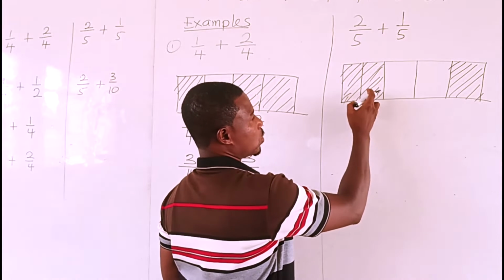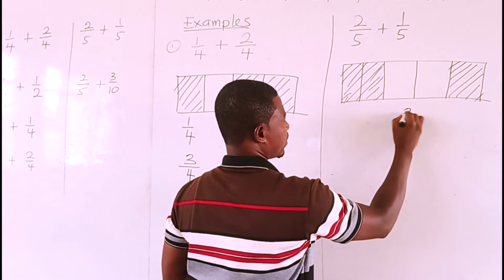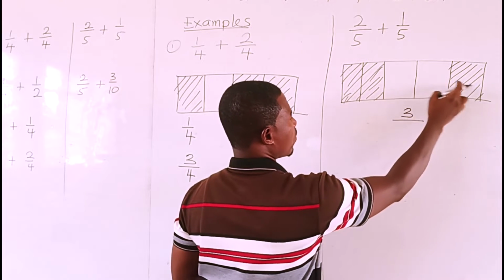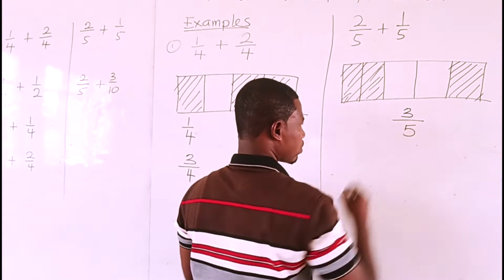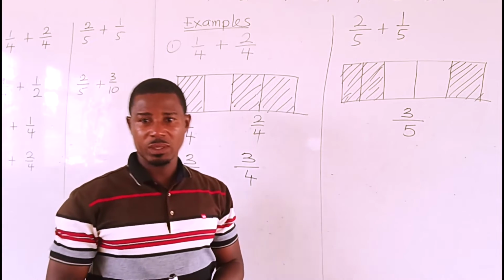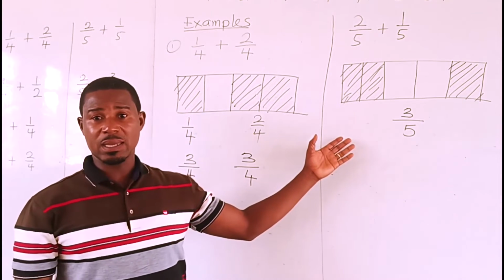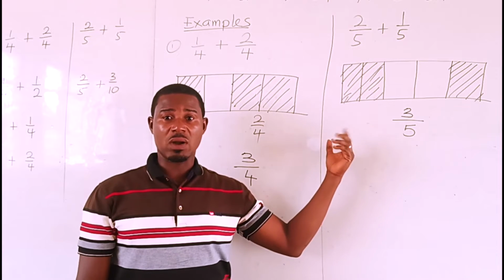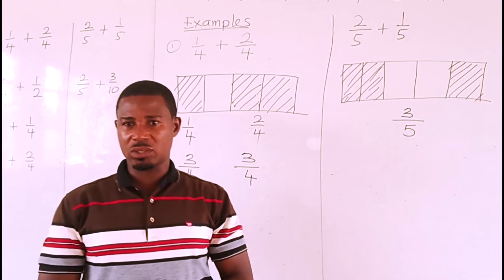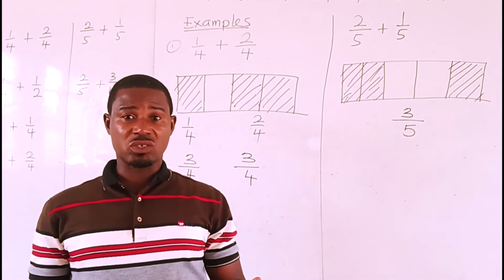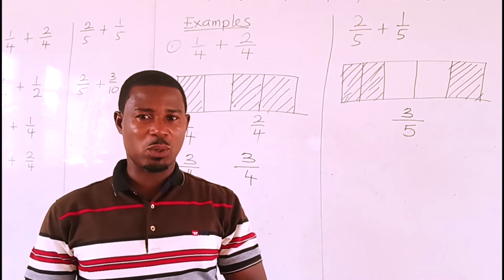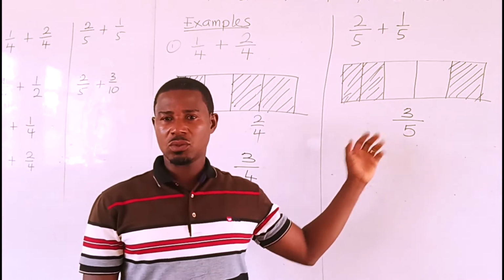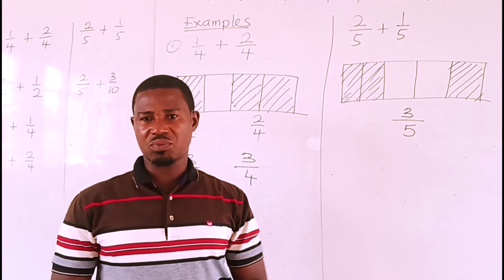So we have 1, 2, and 3, all out of 1, 2, 3, 4, 5. And so you realize that addition of fractions with the same denominator, or addition of like fractions, is not that difficult. If you forget how to do it, you can just use your diagram to solve that problem.